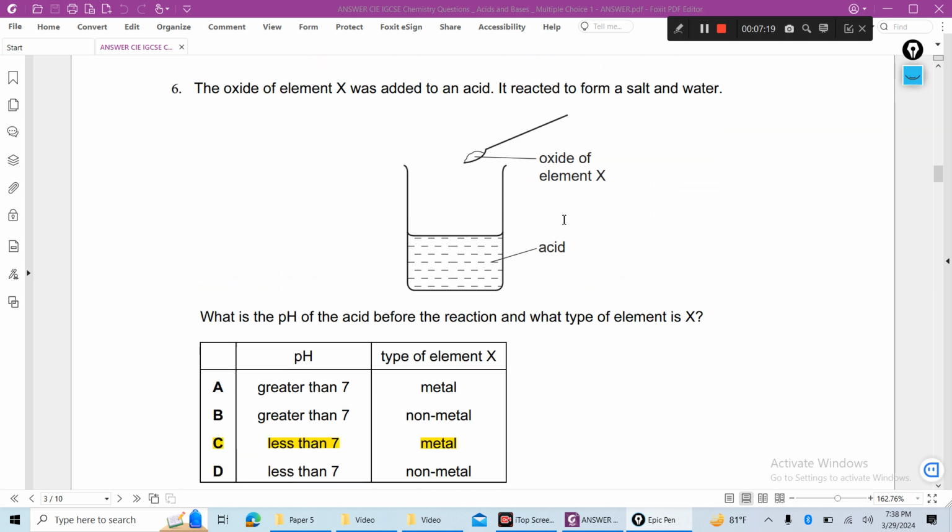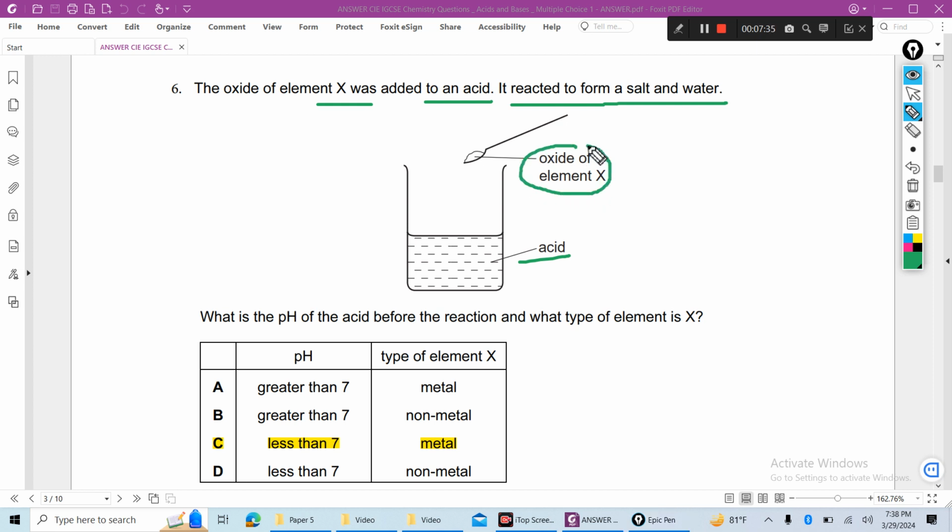Now number 6, the oxide of element X was added to an acid. It reacts to form a salt and water. What is the pH of the acid before the reaction, and what type of element is X? Acid pH is less than 7, you know, before the reaction.